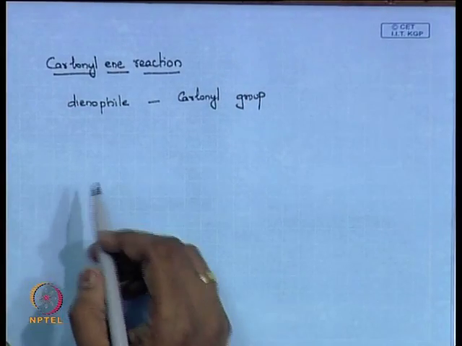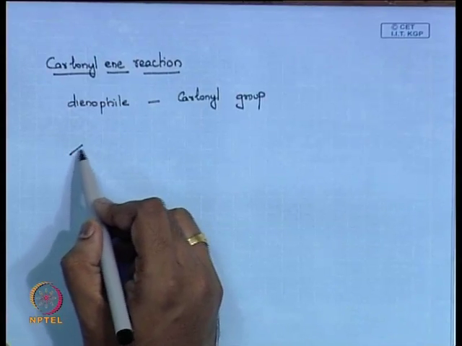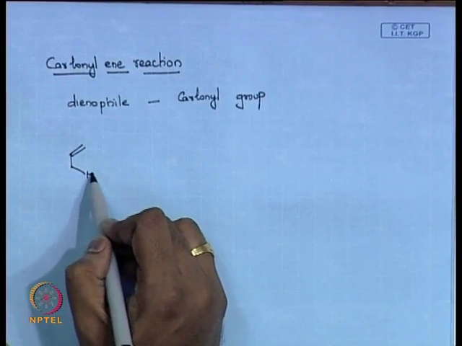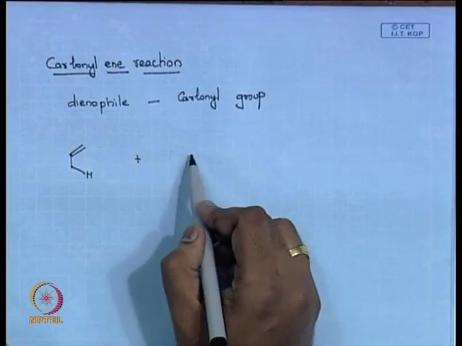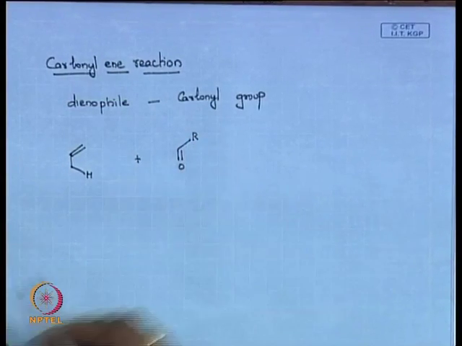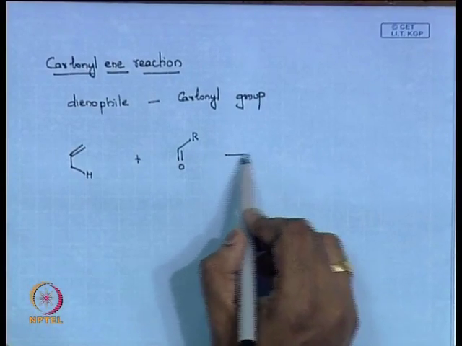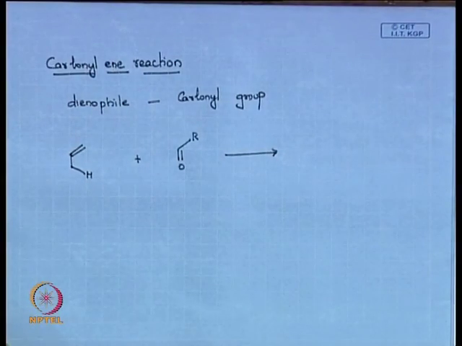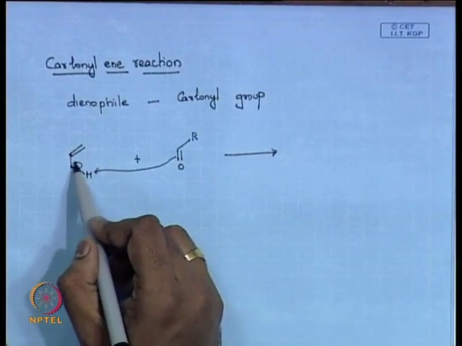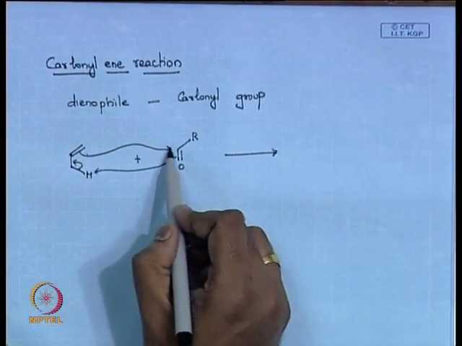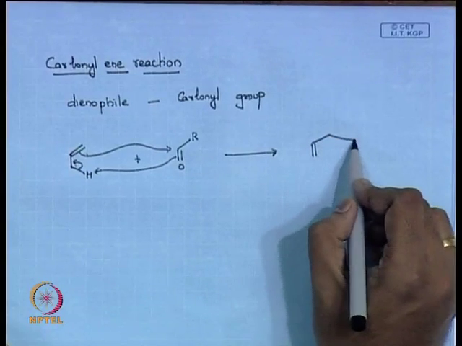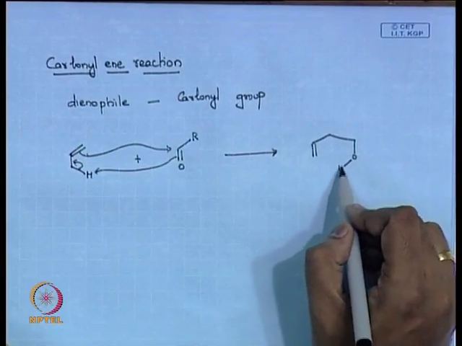So, the best example, if you have an ene hydrogen plus the system, what happens is similar to an ene reaction. Just a variant of ene.